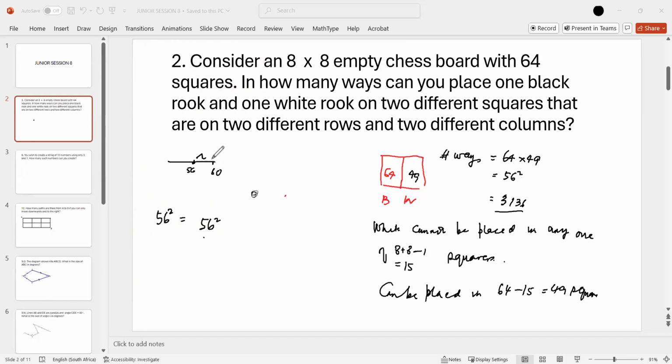How far is it? It's 4 removed. So what I do is I subtract 4 squared and add 4 squared. Same thing, I'm just subtracting and adding the same number. But why do I do this? Because this part here is a difference of 2 squares. 56 minus 4, that's 52, and 56 plus 4.